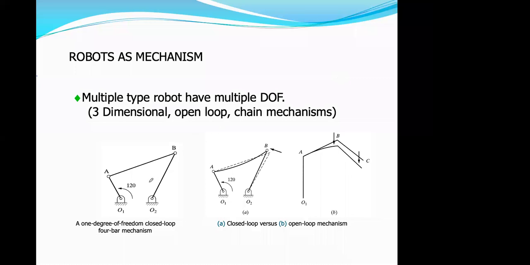It is a closed system. Closed loop system means that the end is closed and the start is also closed. So this can be the mechanism, and in the closed loop we can find how the positions change. As soon as this angle changes from theta 1 to theta dash, the position of B will change simultaneously. So if there is an end effector here, its position will change. In the same way, this is the initial position, and the final position is given here.